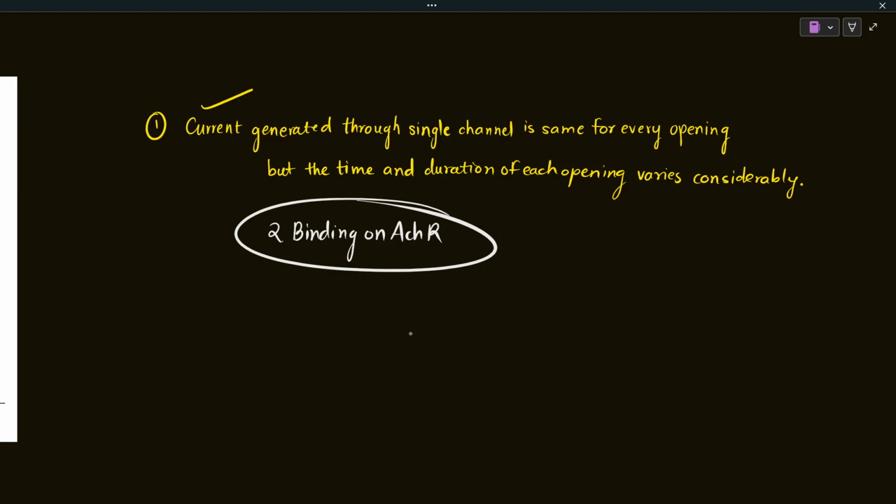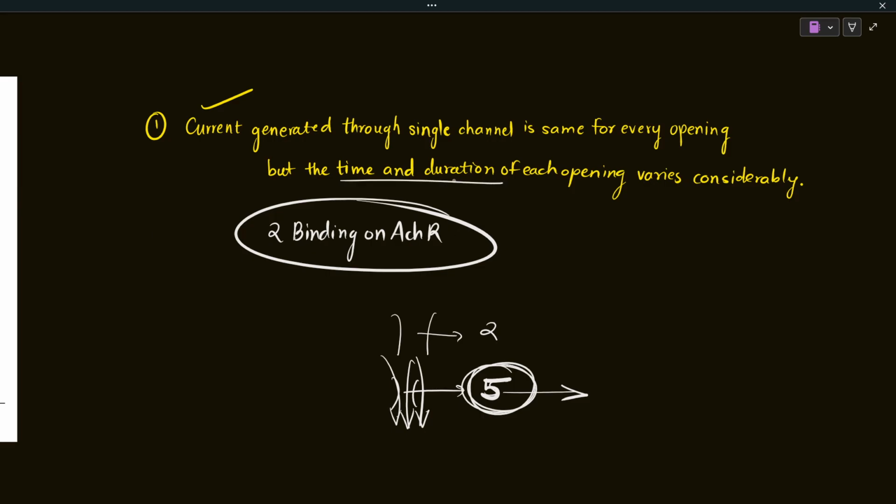Even the time and duration vary. So logically you might say that if there is an ion channel that is open for 2 seconds and an ion channel that is open for 5 seconds, the channel open for 5 seconds should generate higher current because more ions are going to move through. But this is not the case.